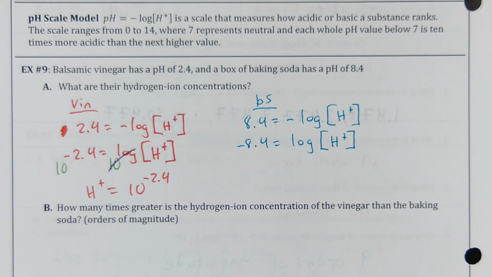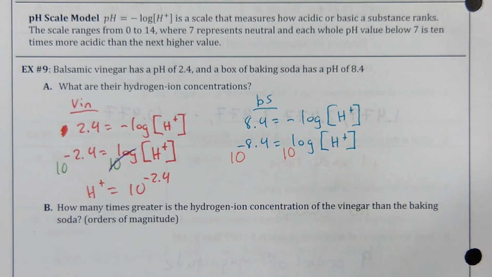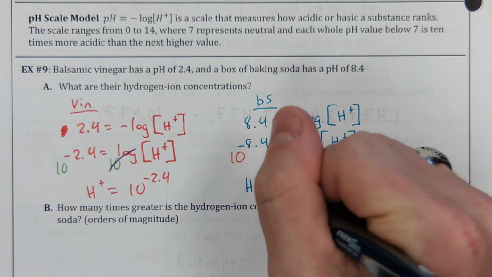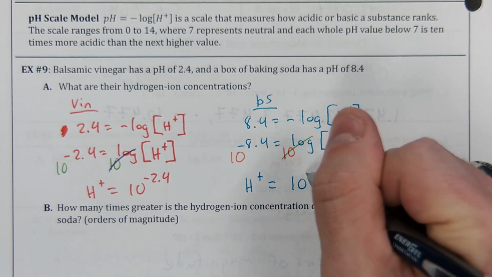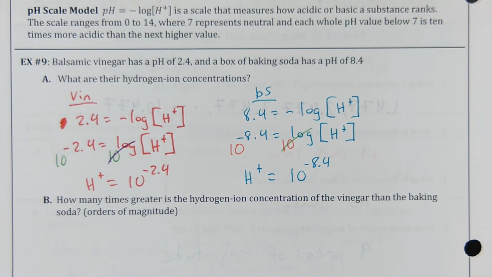And then base 10 on both sides. Find out that baking soda's hydrogen ion concentration is 10 to the negative 8.4, whatever that means. Without scale, units, it's kind of tough to know what that means. But whatever, that's neither here nor there. Those are their hydrogen ion concentrations.